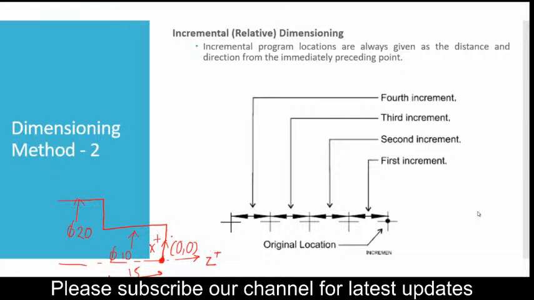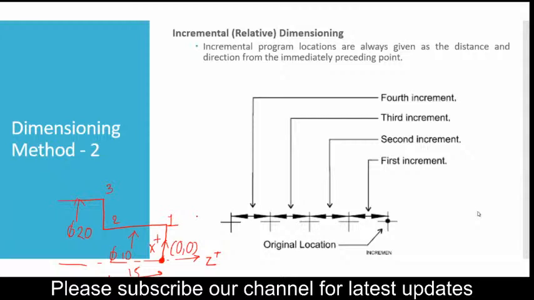Okay, now can anybody tell me the coordinates of point number 1, point number 2 and point number 3? I just need the coordinates of point number 1 now. For point number 1, x 10 and z 0. Yes, exactly.